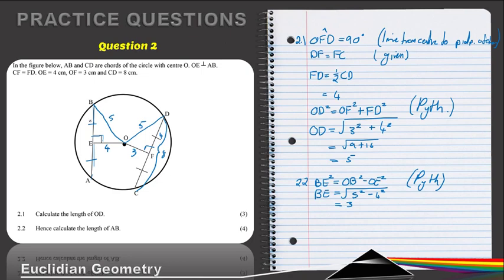Right, so if this is then 3, we know that BE is equal to BA, and our reason is line from center perpendicular to chord.